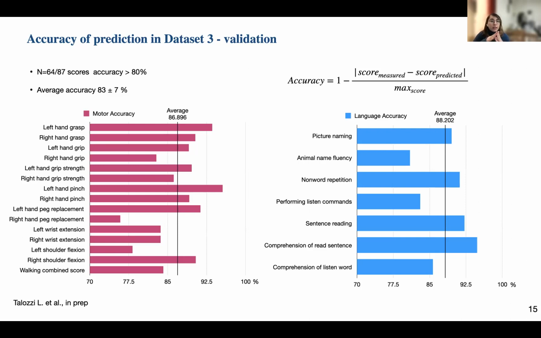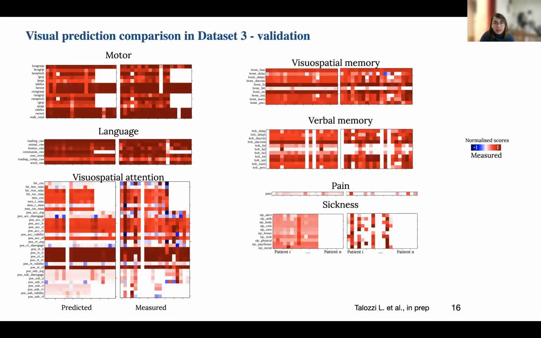As you can see here, for the motor scores, the average accuracy was about 87. For language scores, 88. And you can see how some scores were above this average, others were under, and so the distribution of the accuracy across the scores.